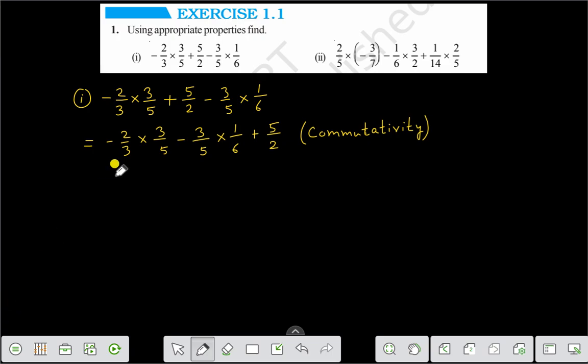Now if you take common minus 3 by 5, taking the minus common also, we can write minus 3 by 5 into, in bracket, 2 by 3 plus 1 by 6, plus 5 by 2.